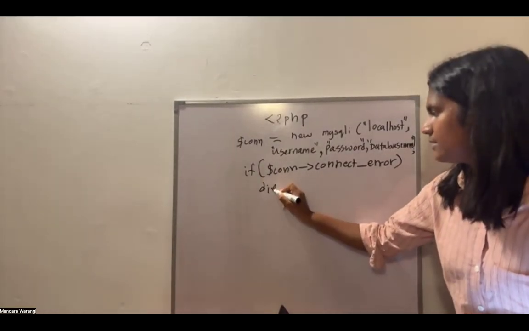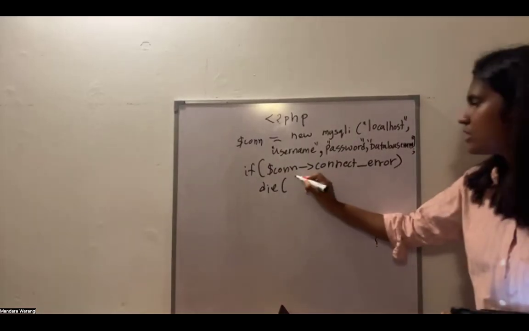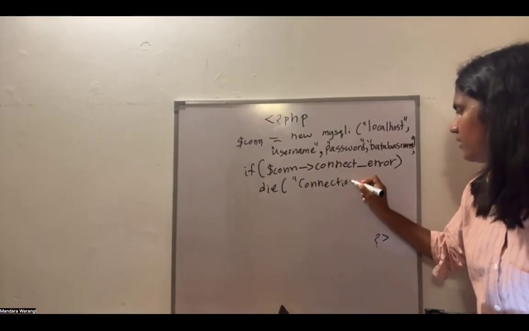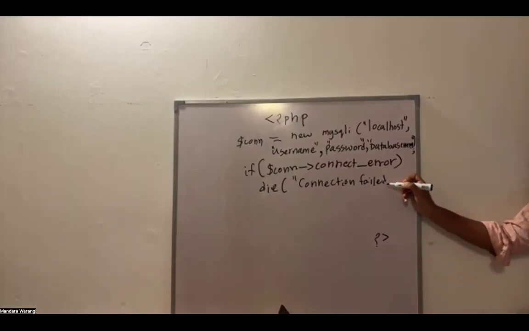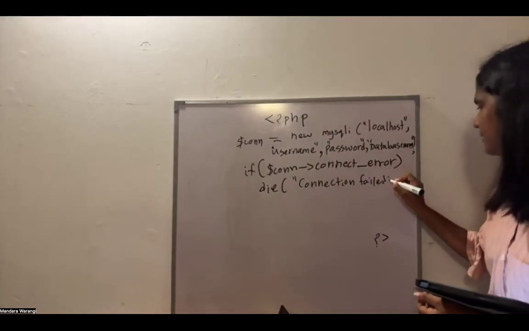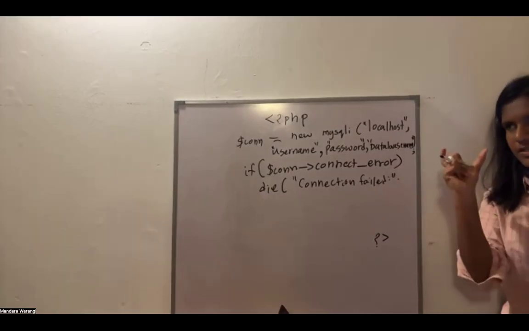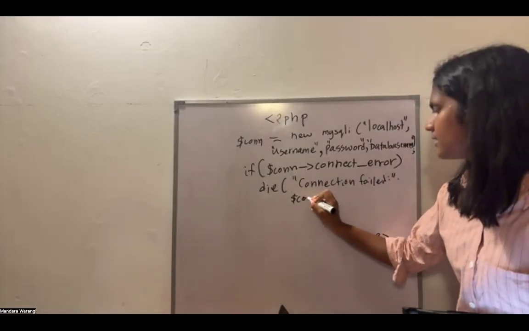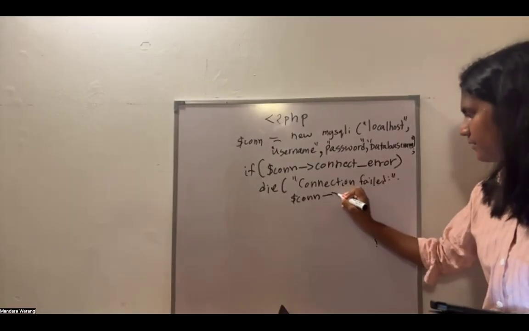I say die, print this. Die means pop it onto the screen. Connection failed, right? And dot, this is concatenation, which is combining. And I have to display the connection error.